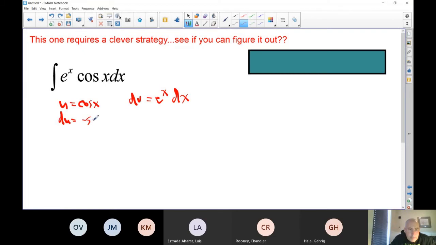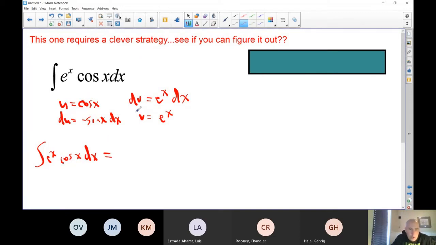So du would be negative sine of x dx, and v would equal e to the x. So my formula, integral of e to the x cos x, I'm writing out the original question here, you'll see why in a second. So here's the original question that I'm taking the integral of.